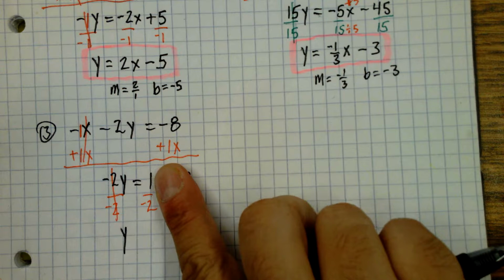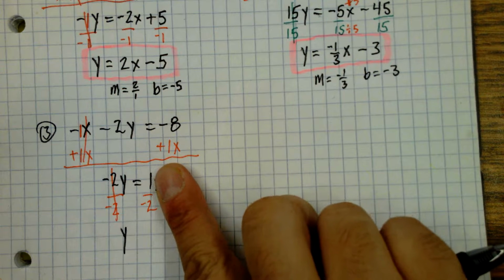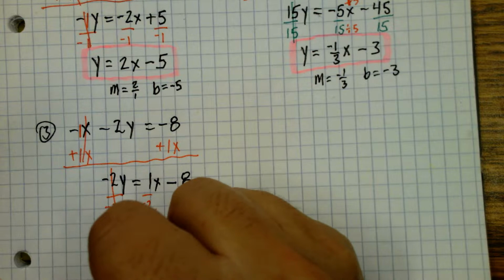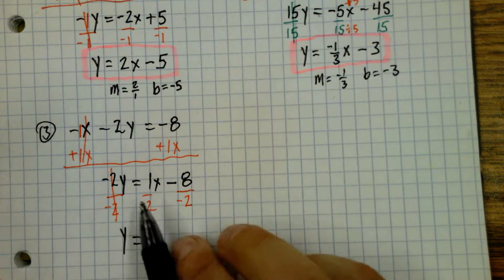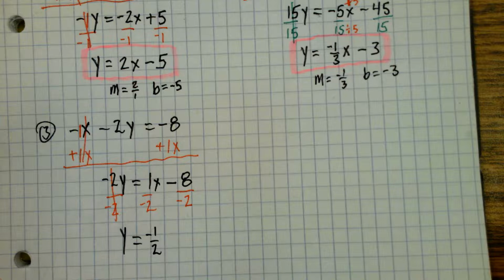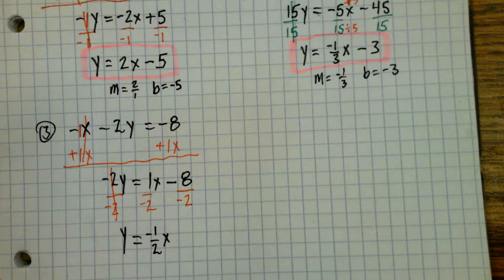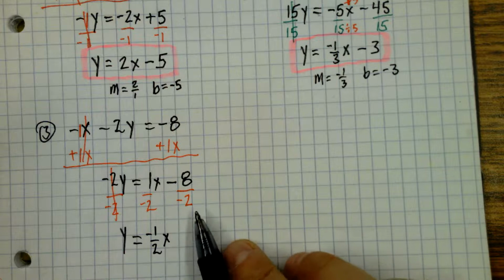What number do I have here now? It's a fraction. Yeah. Think of it as negative 1/2. That negative can stay on the bottom or go to the top. It doesn't matter. You just need one negative. So it's negative 1/2. And now I have negative 8 divided by negative 2.